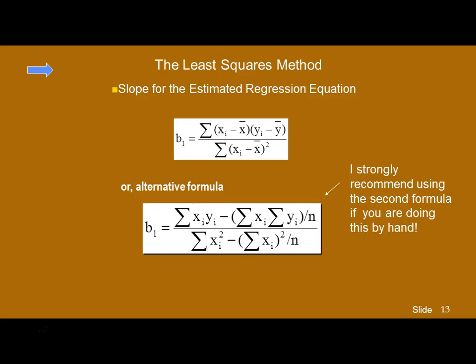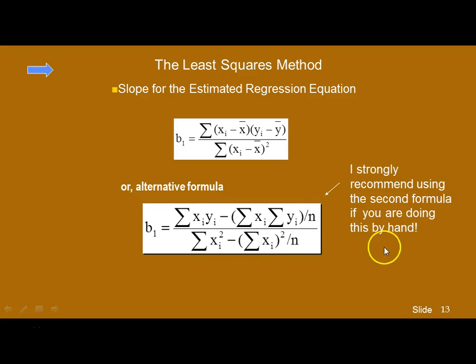If you took this top formula and played around with it mathematically, squared out the denominator term and so on, did multiplication in the numerator, you will get this alternative formula. B1 is equal to summation xi yi minus the sum of the x's times the sum of the y's over n, all divided by summation x squared minus the sum of the x's quantity squared over n.